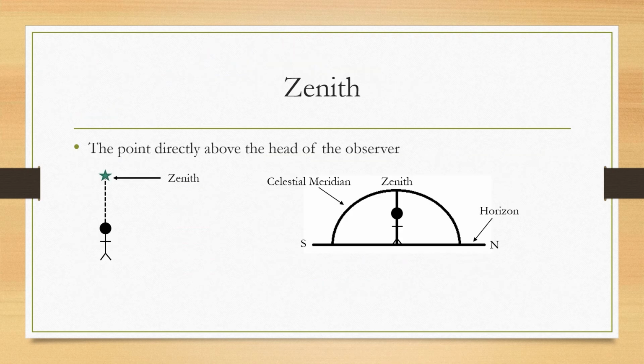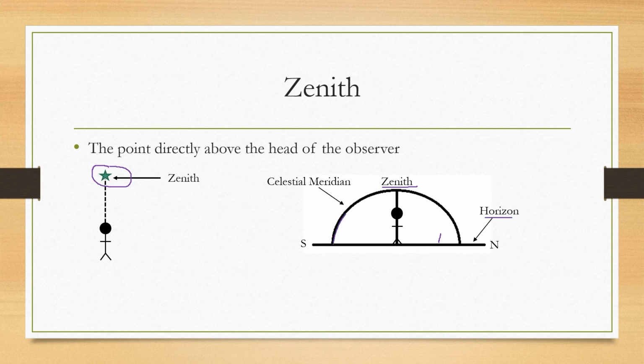Now let's take a look at this. Zenith, literally the point over your head. If you were to look directly above your head, and I hope you do that right now, that is your zenith. If you were to draw where you were, that would be your zenith. Over here, this black line down here that your imaginary stick figure is standing on is the horizon.